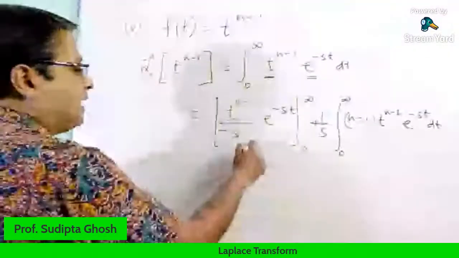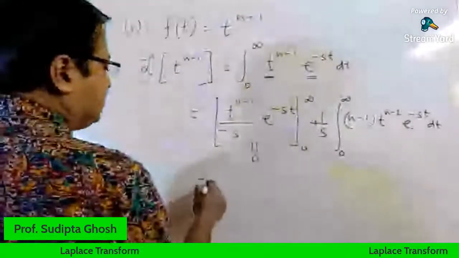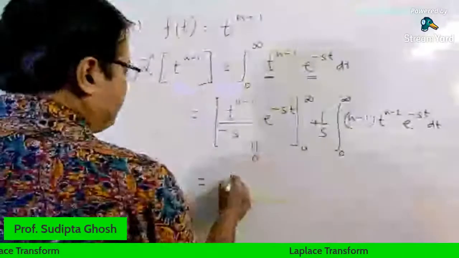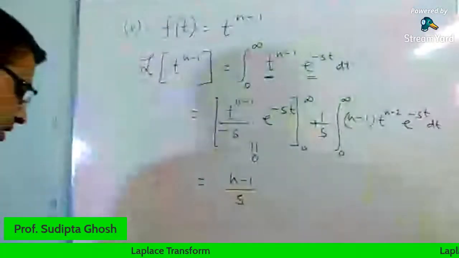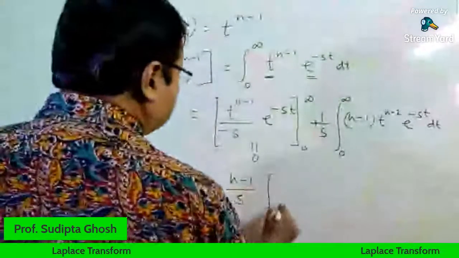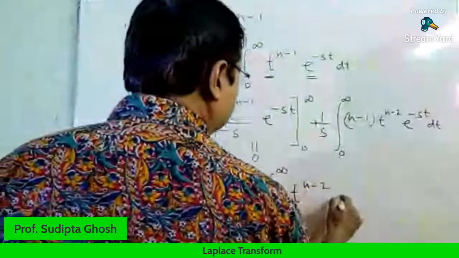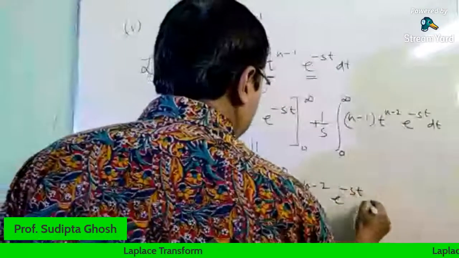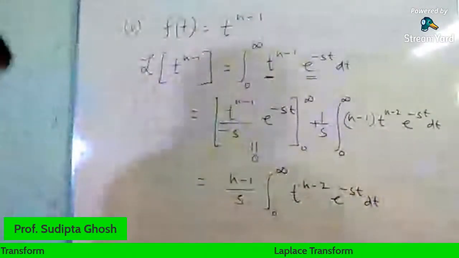So this part gives me 0 value. Just omitting this, the value becomes n minus 1 by s, that is the second part, n minus 1 by s integral 0 to infinity t to the power n minus 2 e to the power minus st dt. Okay?